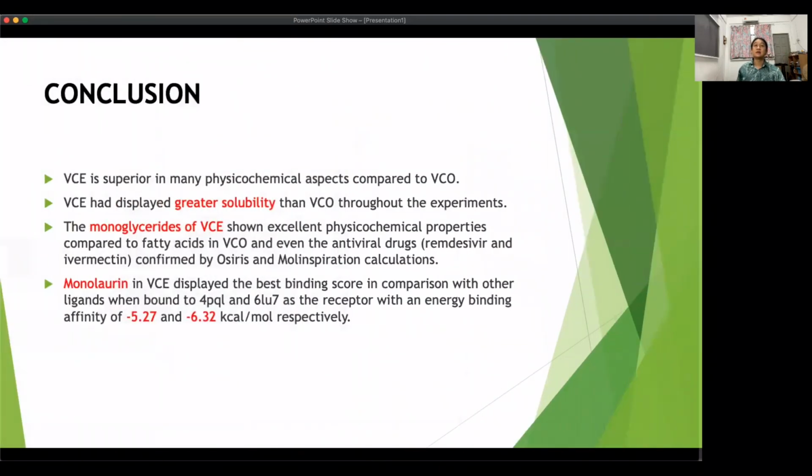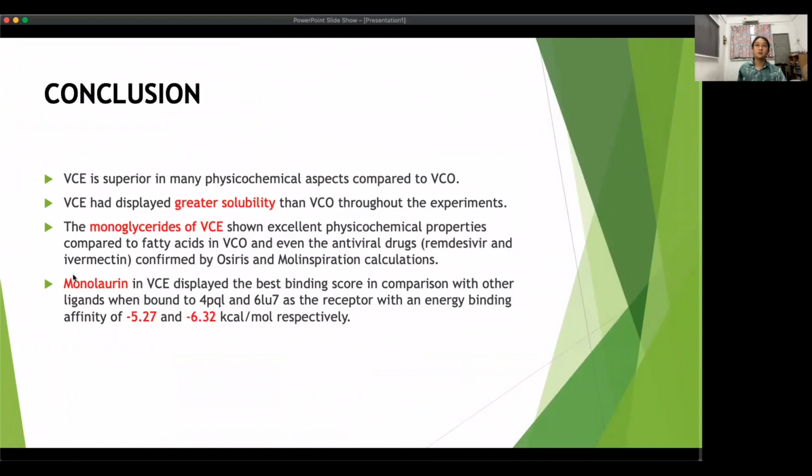Finally, as a conclusion, VCE is superior in many aspects of physicochemical properties compared to VCO. VCE has better solubility, and the monoglycerides in VCE, which are not present in VCO, have better physicochemical properties, proven by the Osiris and Molinspiration calculation.